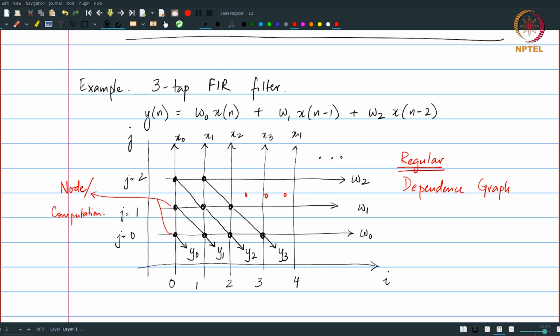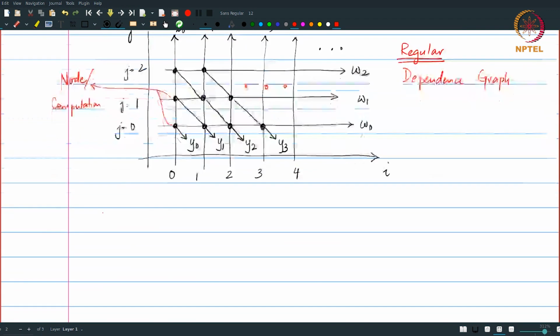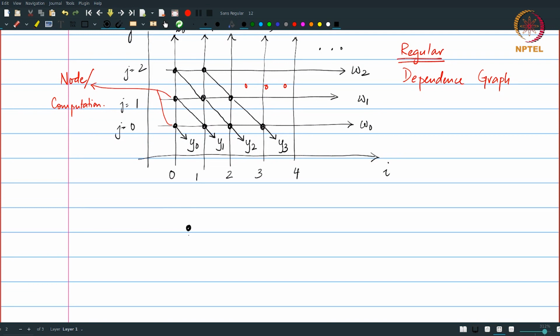That structure essentially tells us that this is the computation performed by a node, this is the data that it gets, and that this is the way it propagates its output. I can redraw an individual node by saying that it gets an input x, another input w, and it propagates an output y.